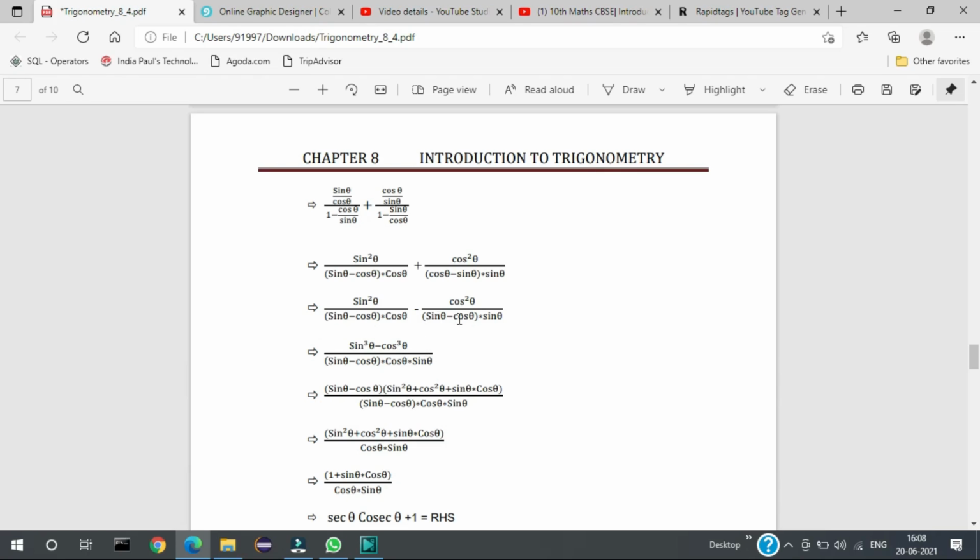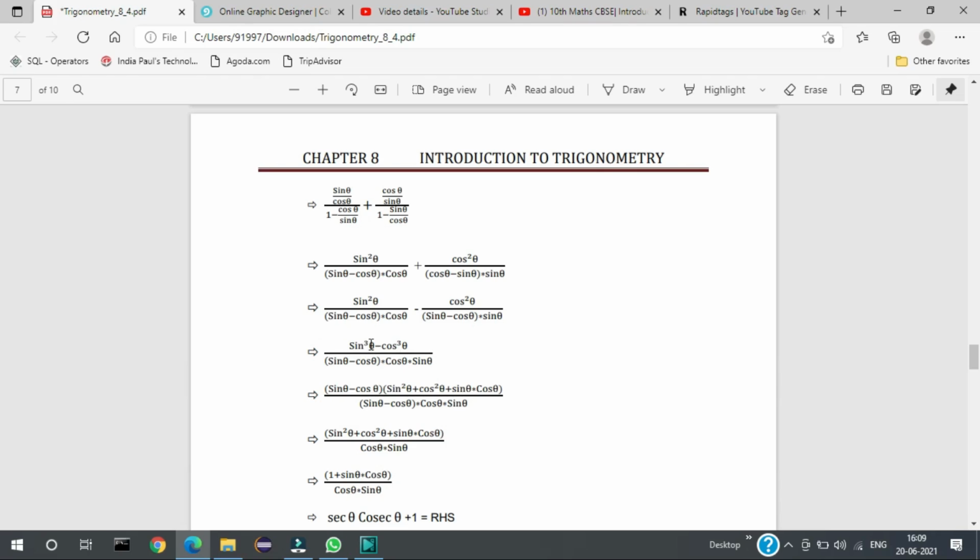Next, (sin theta minus cos theta) into sin theta into sin square theta, minus sin theta into cos theta into cos square theta into cos theta. So cos cube theta. So we will get sin cube theta minus cos cube theta.